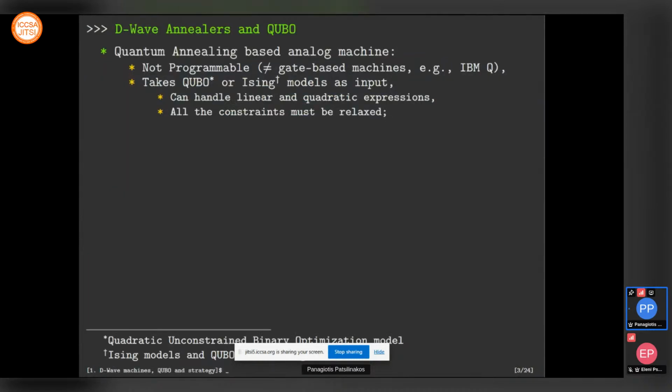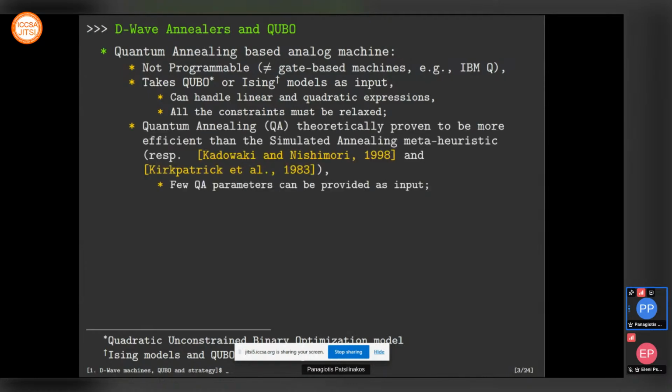So this type of machine is based on quantum annealing. This is not a programmable machine. We cannot develop, for example, a quantum algorithm such as the Grover algorithm. It can handle linear and quadratic expressions, and all the constraints must be relaxed into the objective function as a penalty.